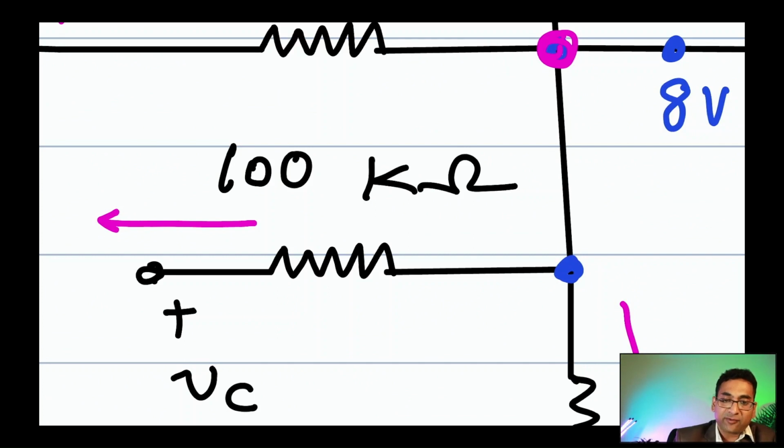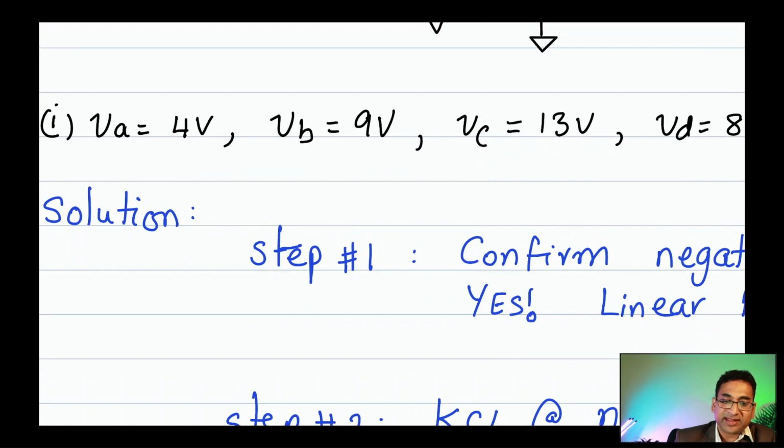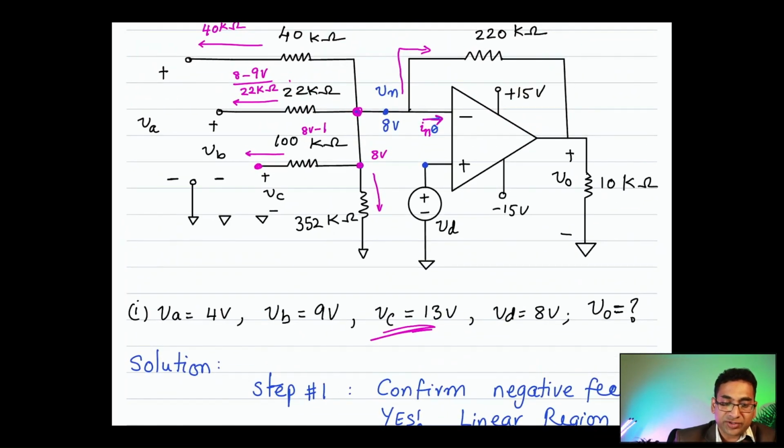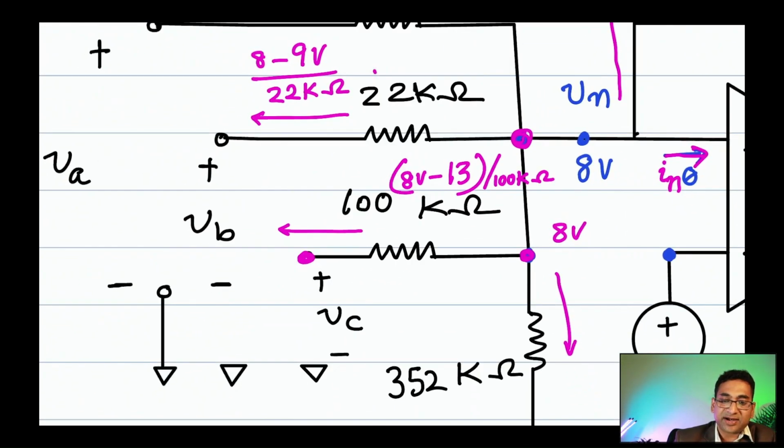This is 8 volts, Vn, minus Vc, which is the voltage over there, given to be 13 volts. 13 volts divided by 100 kilo ohms. Okay, there you go, that's the current.